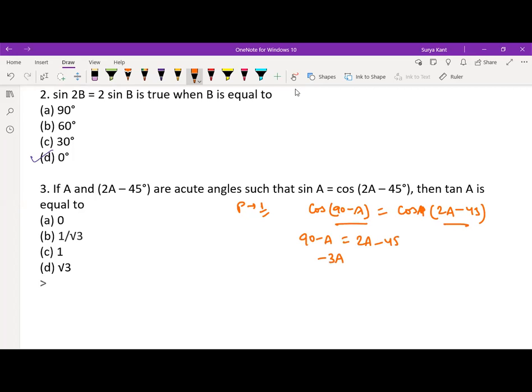So minus 3a is equal to minus 135. Cut the minus signs, 135 divided by 3 gives 45. And tan 45 is 1.